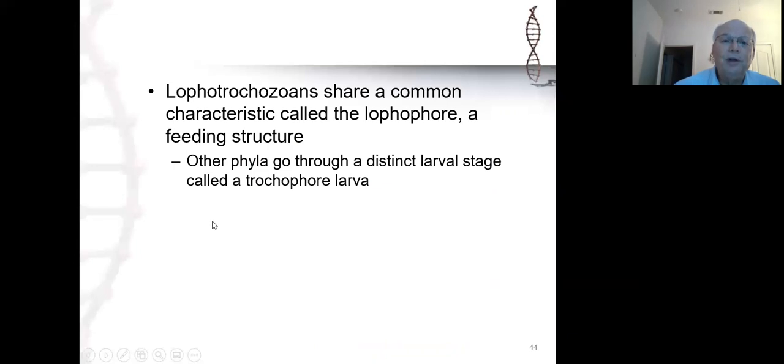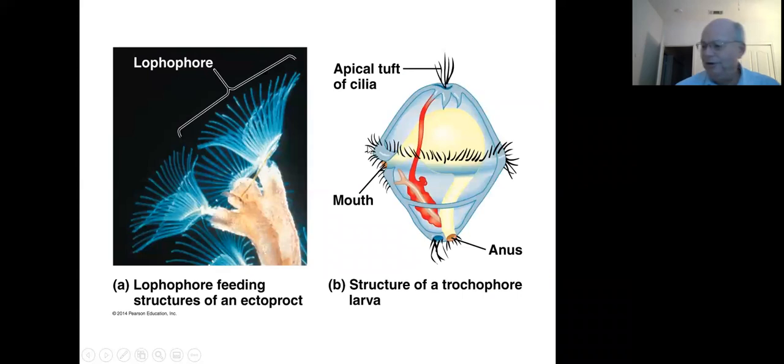The other group are called the lophotrochozoans. And there are two basic groups that make up the lophotrochozoans, and they are united on the basis of DNA sequencing. So gene sequences unite these together, even though they don't share common features that define them. So the lophotrochozoans consist of two basic groups of clades.